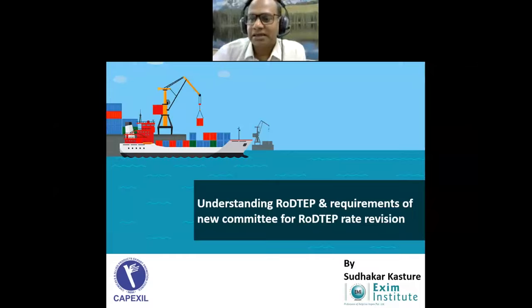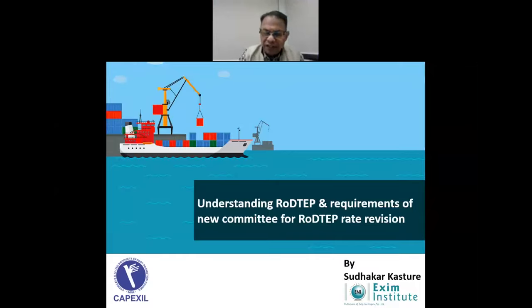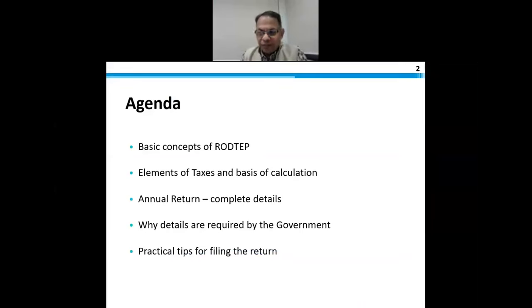So, friends, today's agenda is we'll talk about five things. One, we'll talk about basic concepts of RoDTEP. Then we'll talk of elements of taxes and the basis of calculation.